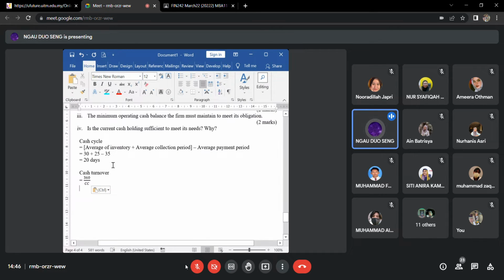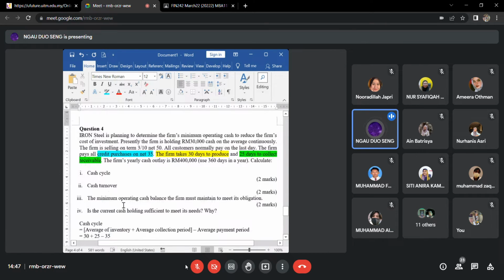Right, cash turnover formula adalah 360 bahagi dengan CC. So the CC is 20, right? So 360 divided by 20. 18. Okay.